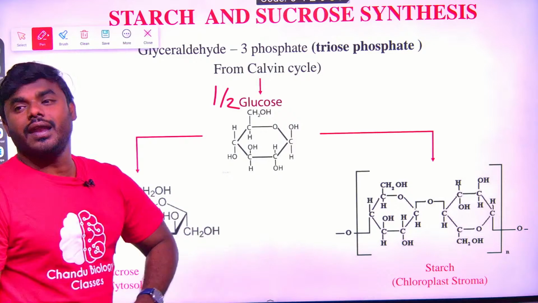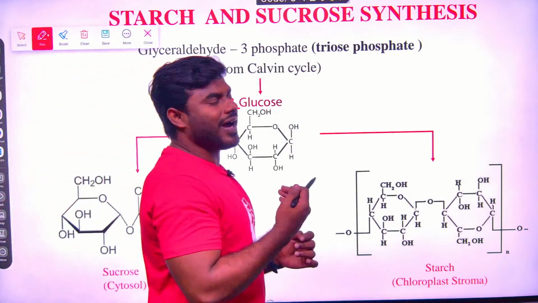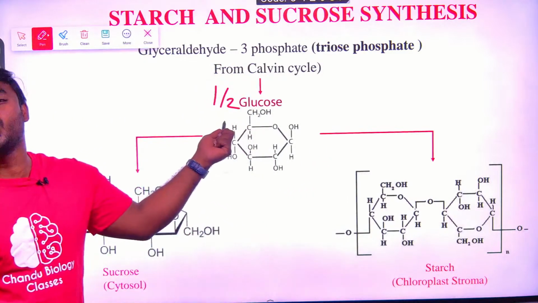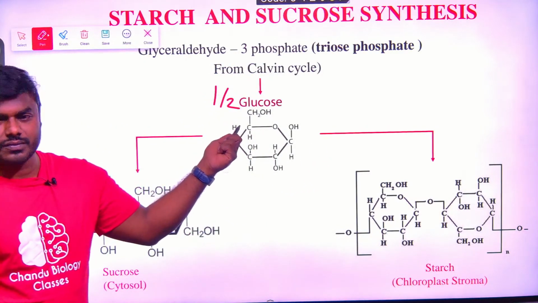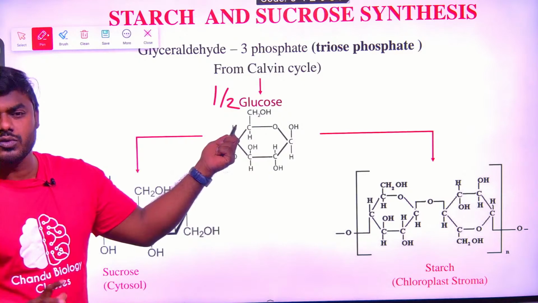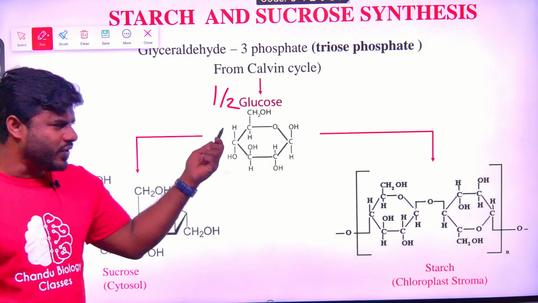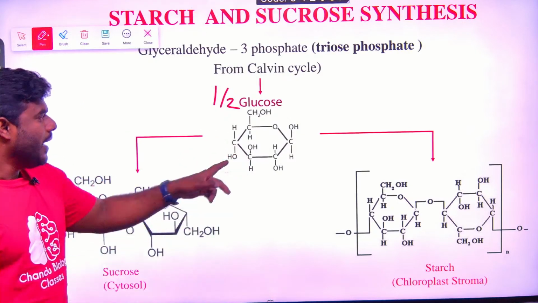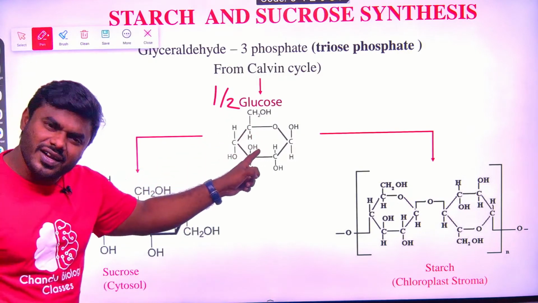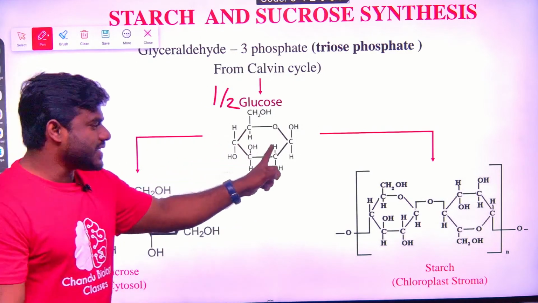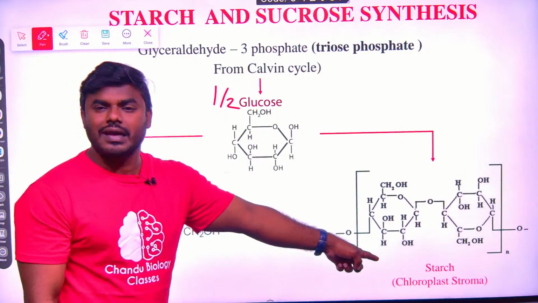Now, you know very well, a plant body cannot transport glucose via phloem. What can it transport? Sucrose, stachyose, raffinose, we will see that, arabinose, all these. Glucose cannot be transported. So glucose has to be converted into sucrose, and at the same time glucose can also be converted into starch.